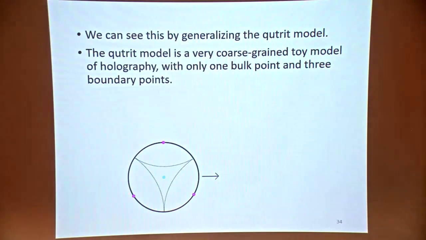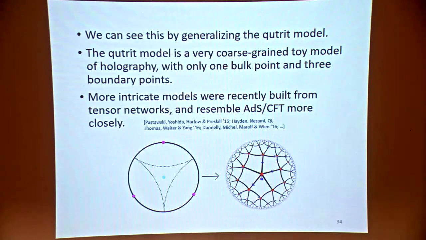And all the bulk degrees of freedom are coarse-grained to one bulk point. There are more intricate models built from tensor networks recently that resemble AdS/CFT more closely. So you simply do this in a more organized fashion, and you can see that an operator, for example, at the center is more protected than operators sitting closer to the boundary.